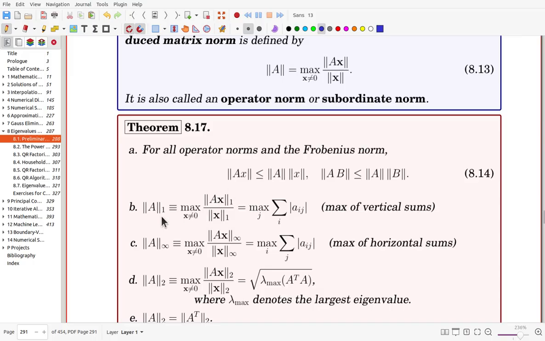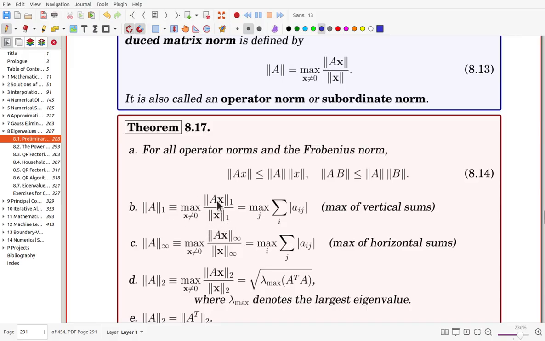Now here the one norm is the matrix one norm. By definition, it is the maximum of this quotient. Top and bottom are measured by using the L1 vector norm. That is the definition.